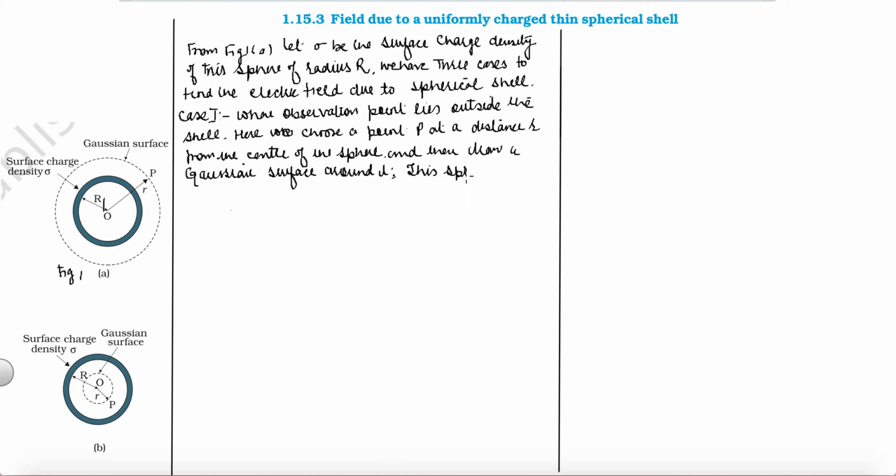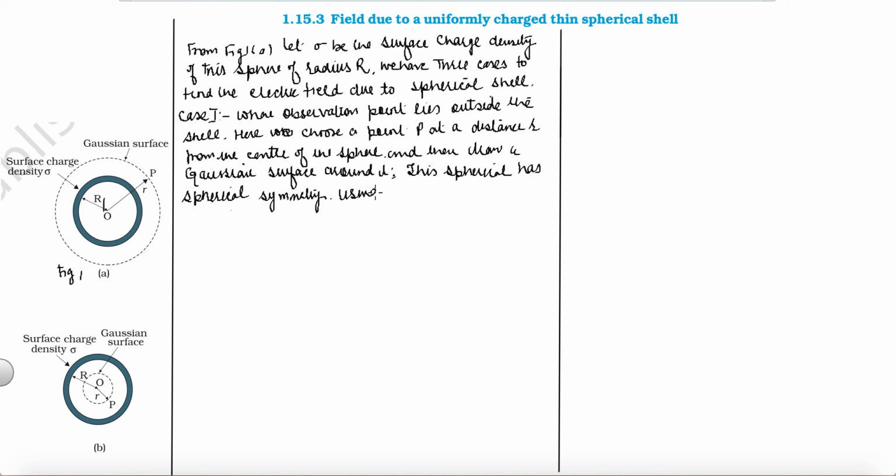This spherical shell has spherical symmetry. This means the electric field at a certain radius small r will be the same throughout, around the shell.